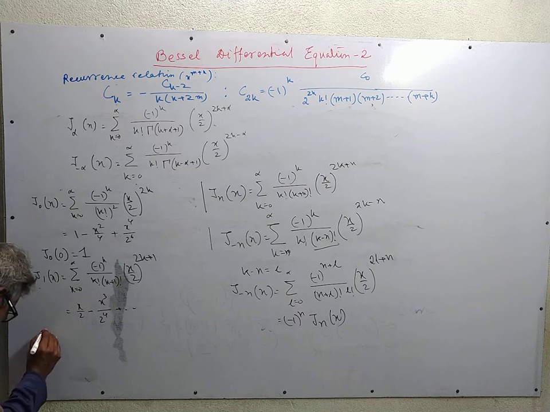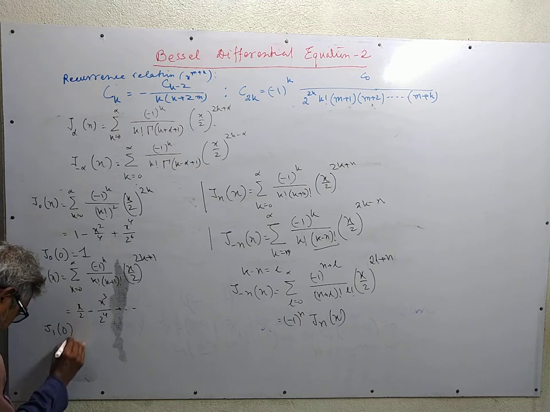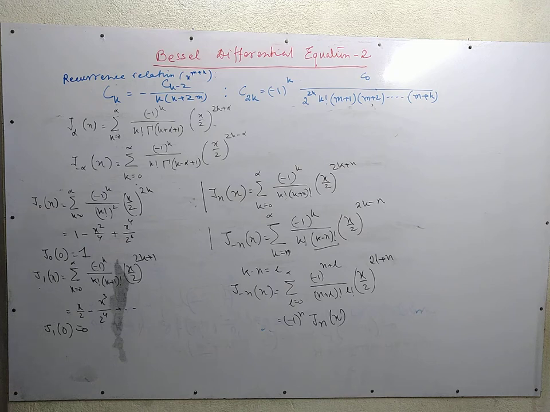And we find that J1 of 0 is 0. This is true for integral order of Bessel function: only J0 of 0 is 1, and all other Jn's are 0 at the origin.